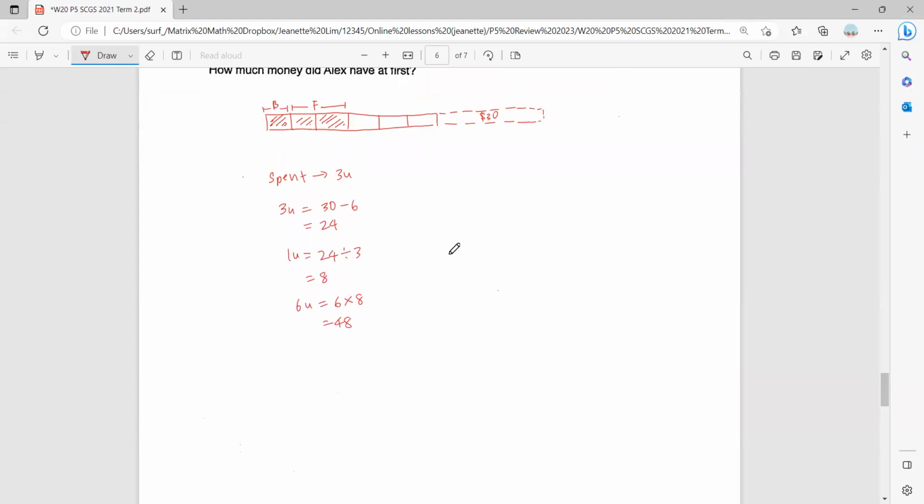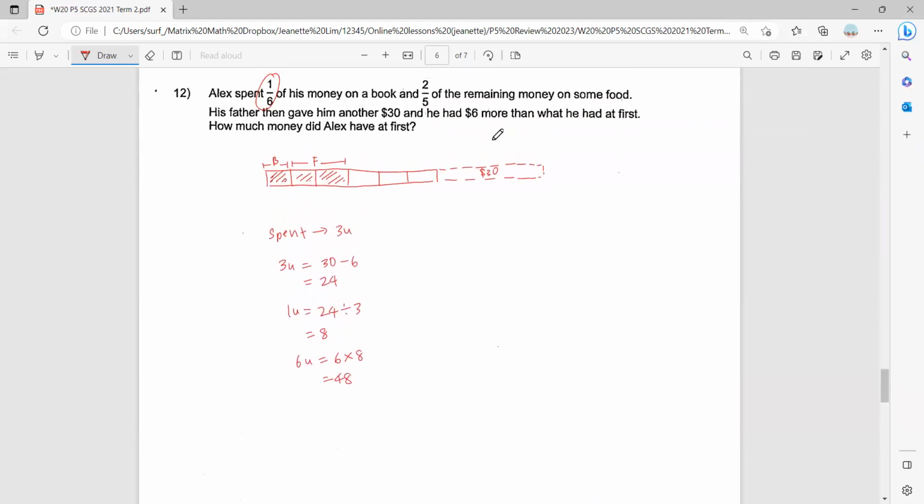Now the difficult part about this is to identify that 30 is actually $6 more than 3 units. You need to relate that whatever he received is actually $6 more than what he spent. Okay, with that, that's the end of this paper. SCGS 2021 weighted assessment tool.